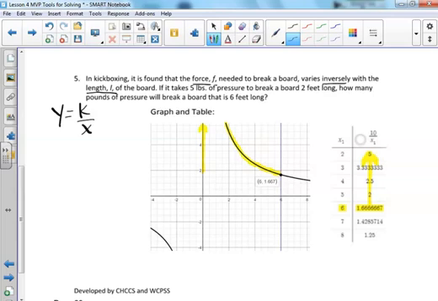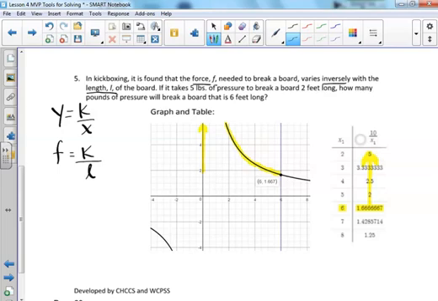Reading that sentence to the left of that word inversely tells us that F is our output, or y value, and that the length of the board is our input, or x value. So I can substitute into the equation to be F equals k divided by L.